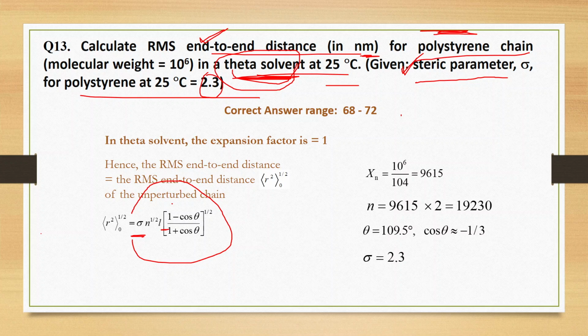And the theta angle, the tetrahedral angle between carbon atoms, you also need to remember this as well. That is 109.5 degrees. So it will apparently give you a value like minus one third.